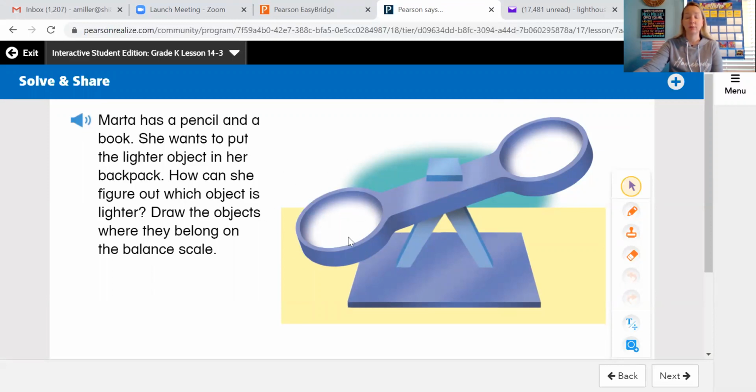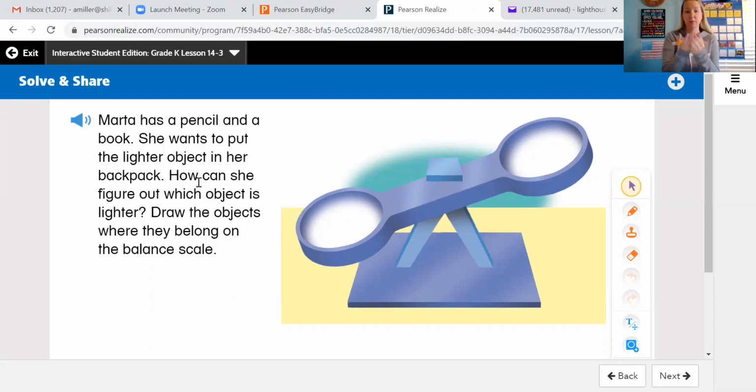So whichever object is heavier would fall down to the ground, and the lighter object would stay on the side that is up in the air. So she wants to figure out which object is lighter, a pencil or a book. Since we don't have a real scale, you are going to have to just think about it.